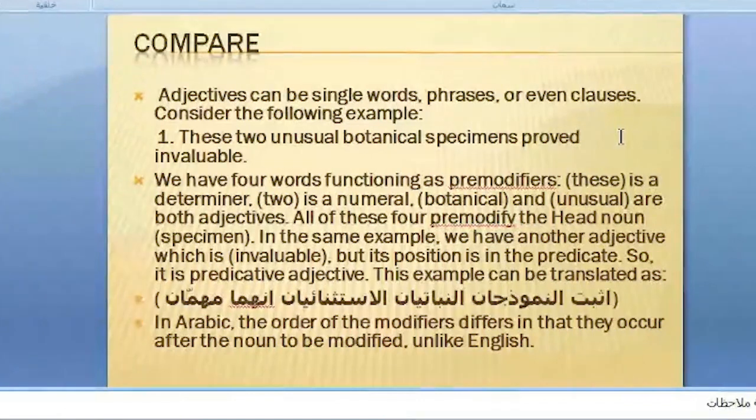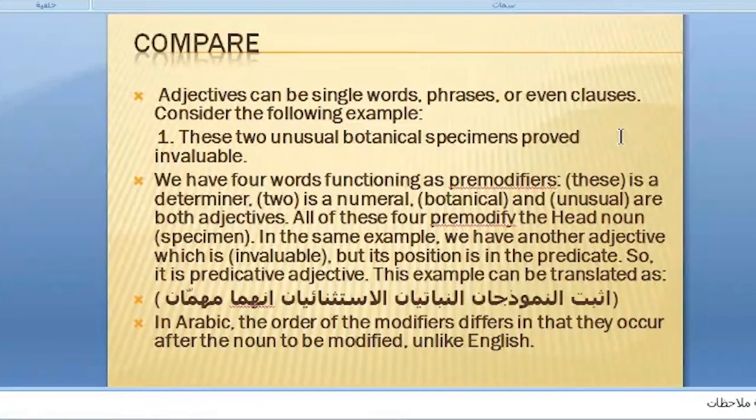طبعا فاعل أكو، الفاعل هي كلها these two unusual botanical specimens، هاي كلها subject. Proved is a verb which is in the past simple tense. Invaluable, it is an adjective. In the subject, بالفاعل, we have 4 words functioning as what? As adjectives.